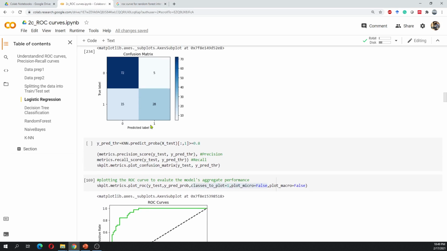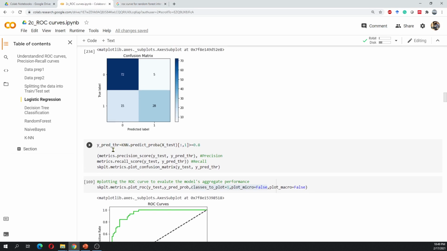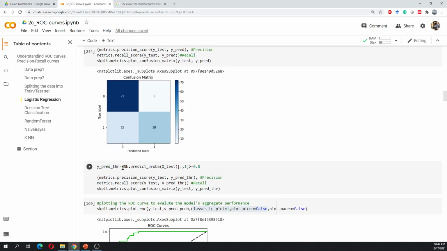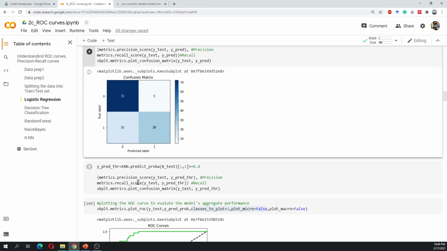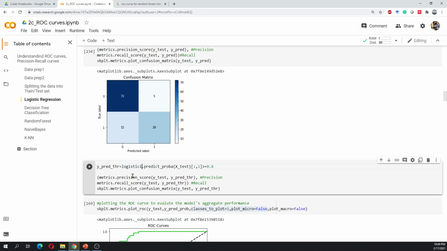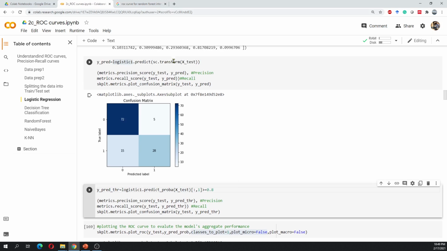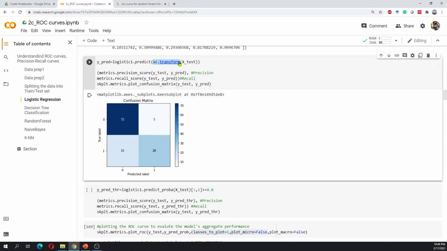So let's see how I could create the confusion matrix for this. Let me change it to use the logistic regression, and that's all I need to change. And we need to transform XC test.